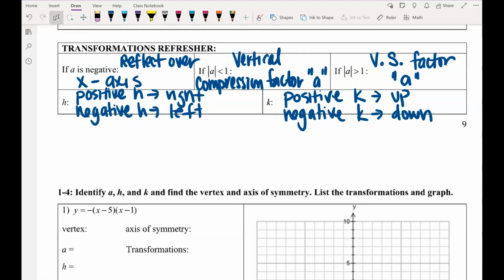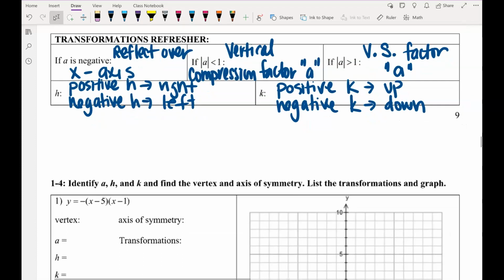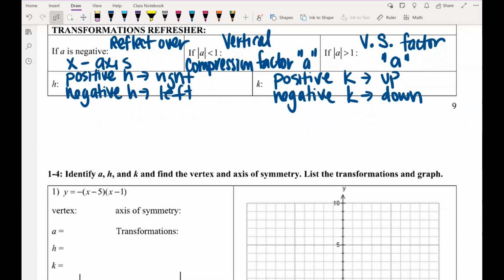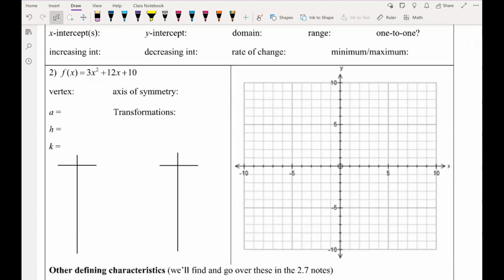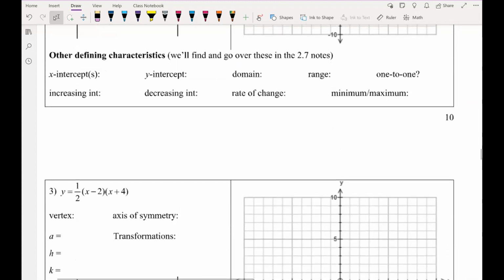All right, Emma, read the instructions for examples 1 to 4. Perfect. Last night we already practiced vertex form. As you can see, example 1 is not vertex form, example 2 not vertex form, 3 and 4 not vertex form.